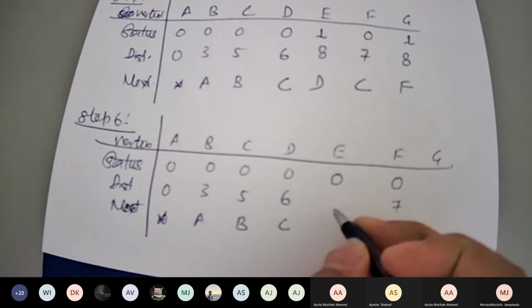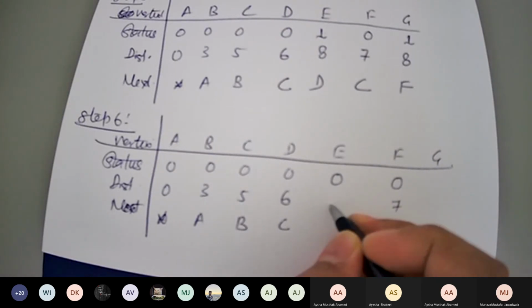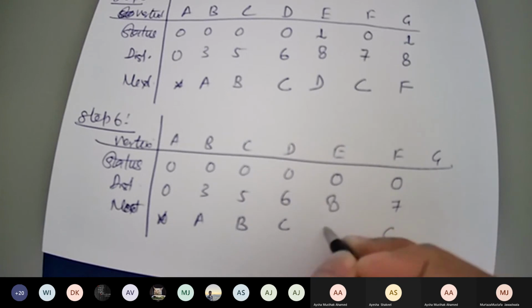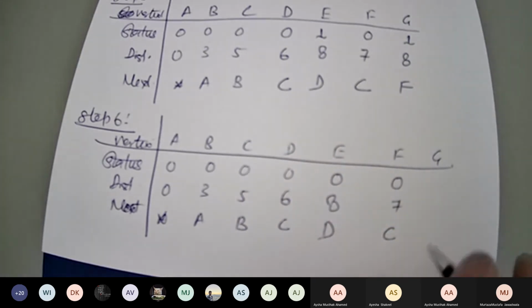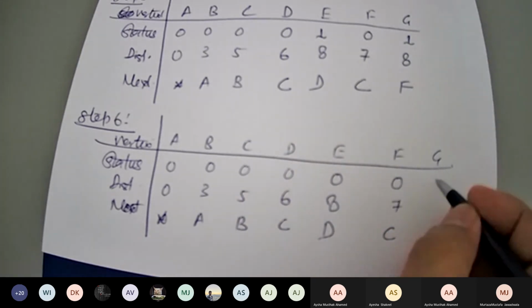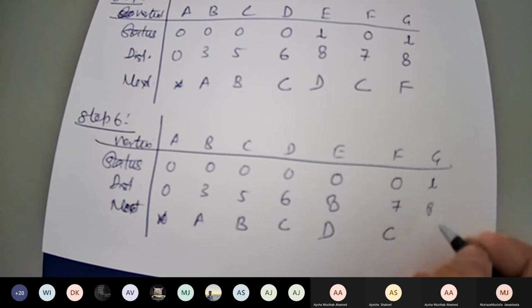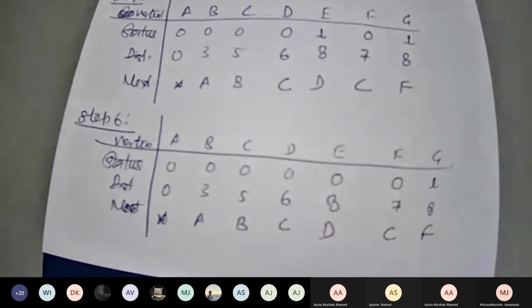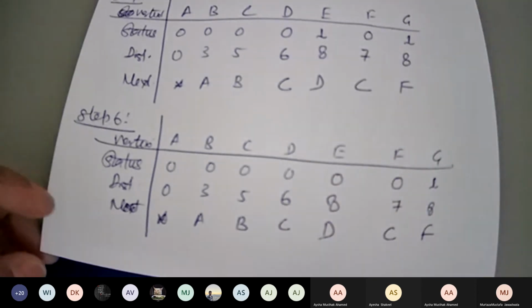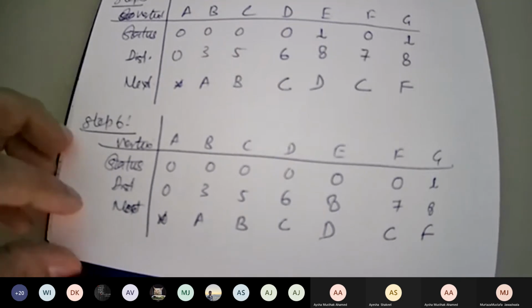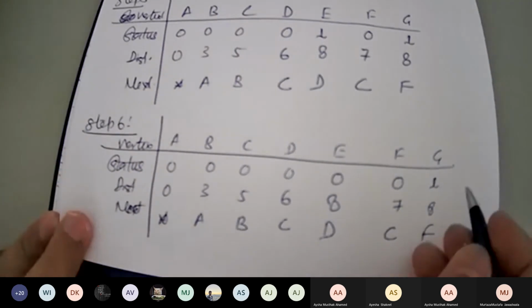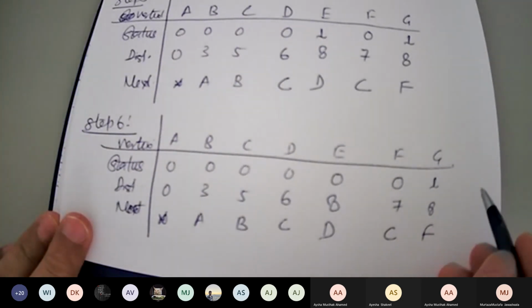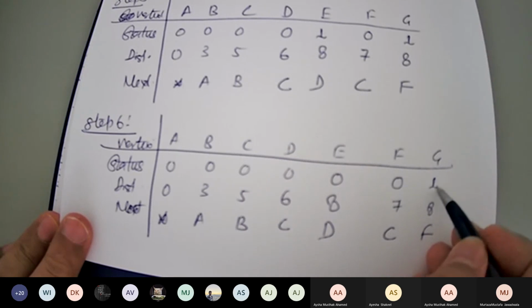So now what will we write here? It will be exactly the same, 8 and via D. So here the status is still 1, 8 F. Now only one in the next step, step 7.